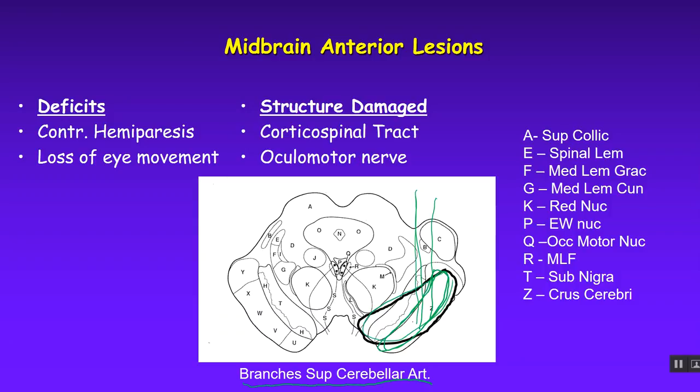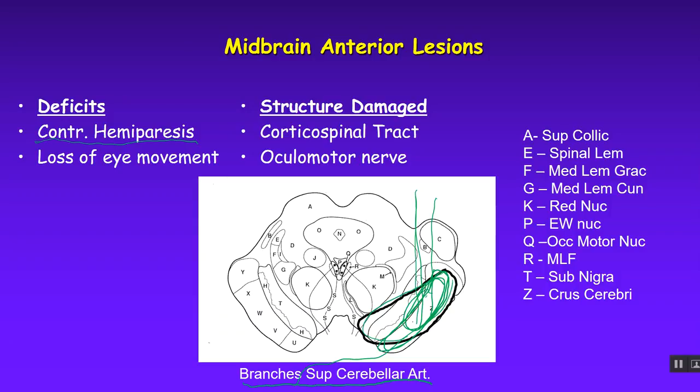You're high enough now that your corticospinal and corticobulbar tracts are all still here together before they cross over in the pyramids or before they cross over to communicate with their cranial nerve nuclei. So this is contralateral hemiparesis, face and body most typically.